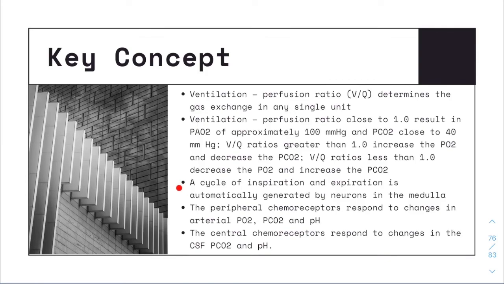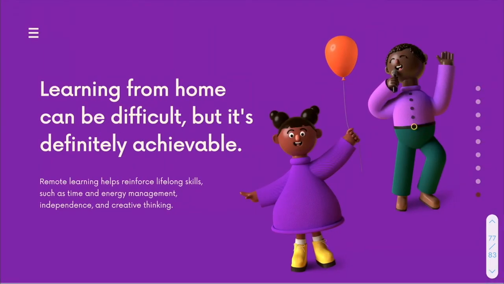A cycle of inspiration and expiration is automatically generated by neurons in the medulla. The peripheral chemoreceptors respond to changes in your arterial oxygen tension, PCO2, and pH, while the central chemoreceptors respond to changes in the CSF PCO2 and pH.